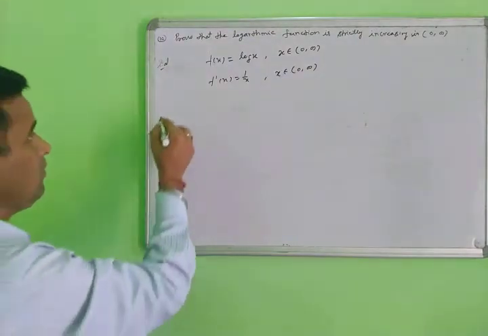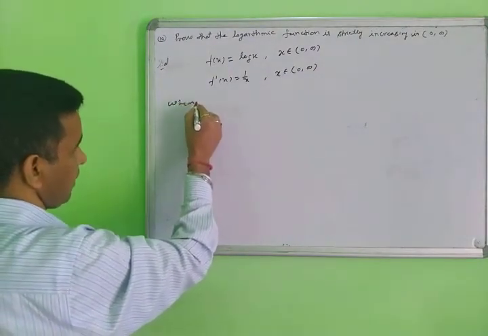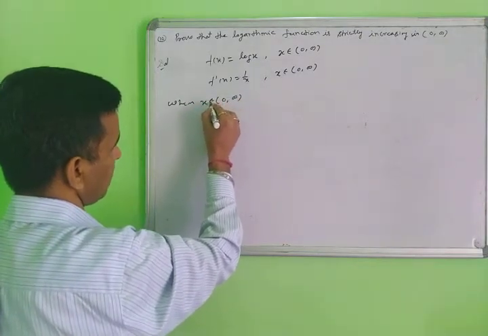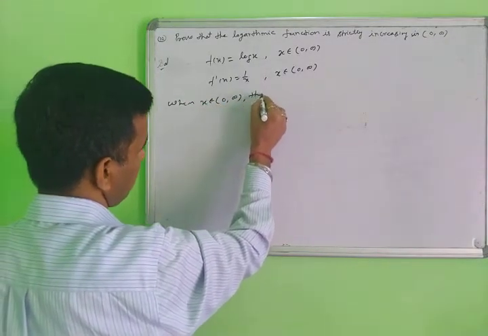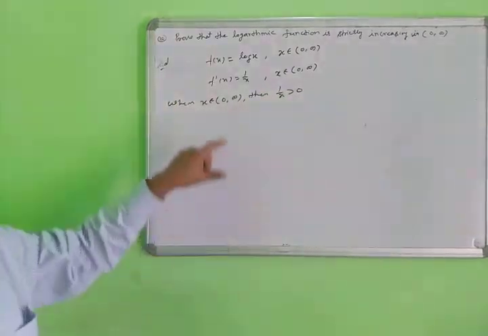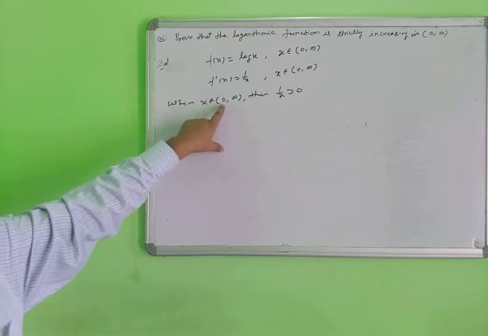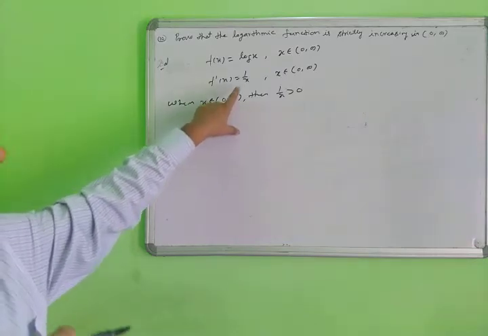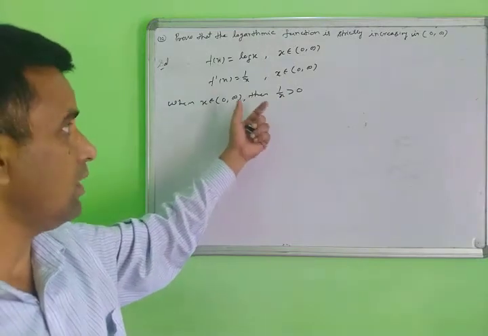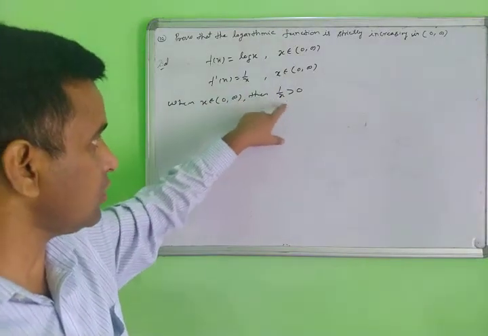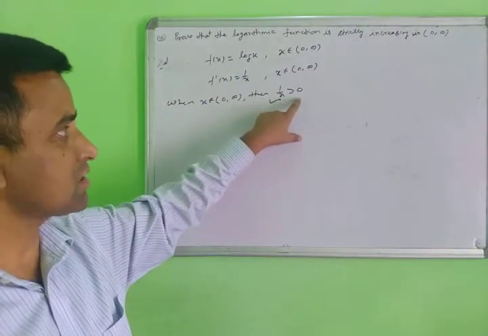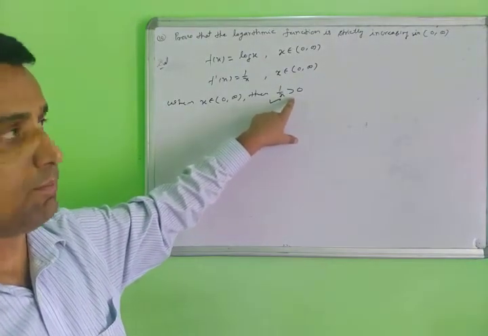Now when x belongs to the open interval 0 to infinity, is 1 upon x greater than 0 or not? Here 0 will not come; 1 upon 1 is a positive value, 1 upon 2 is a positive value. Every positive value you put here will always give a value greater than 0, a positive value.